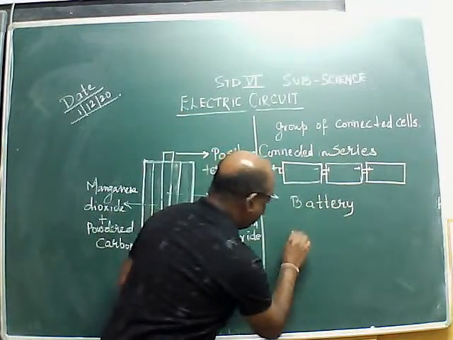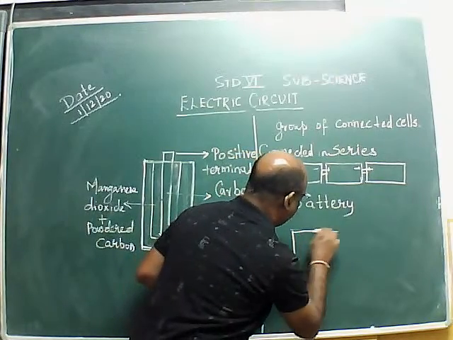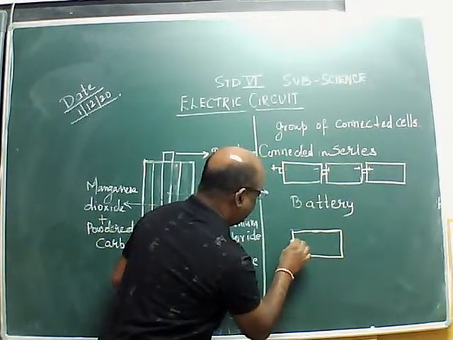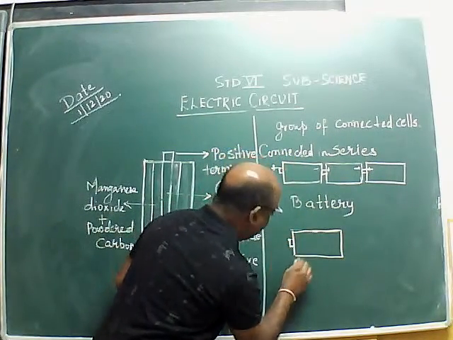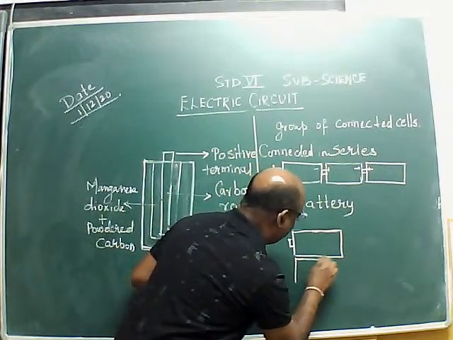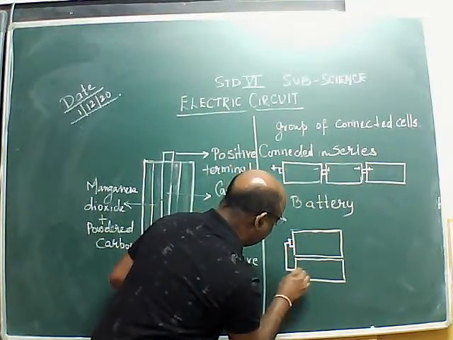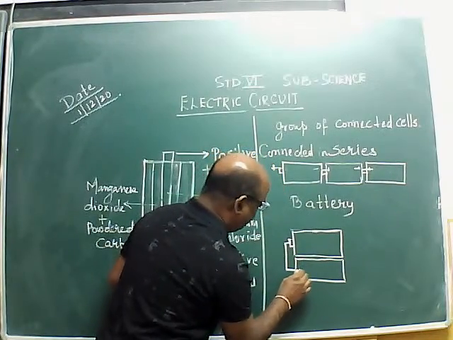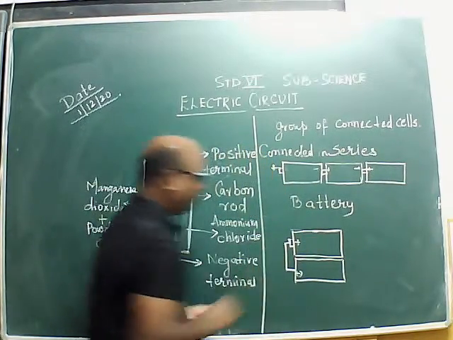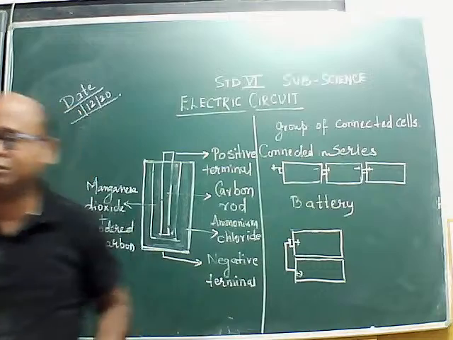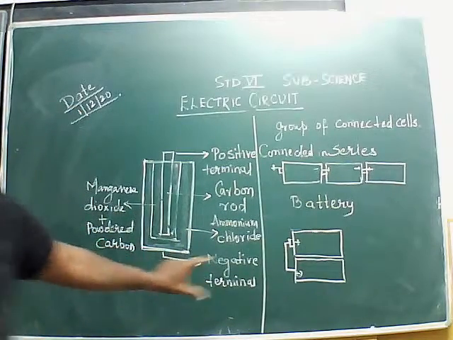Now if the cells are arranged like this, here is the positive terminal, here is the negative. Now if the cells are connected like this, what do we call this pattern?